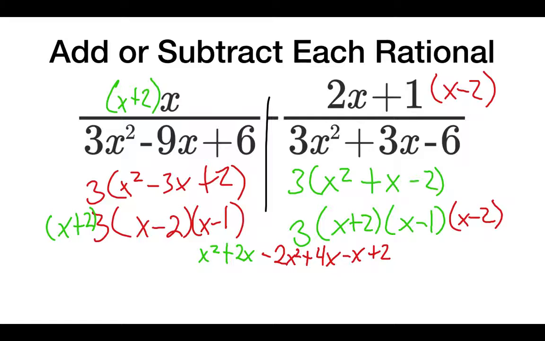So we're going to start combining our terms. In this case, it becomes negative x squared plus 5x plus 2 all over 3 times x plus 2 times x minus 2 times x minus 1. And there we go.